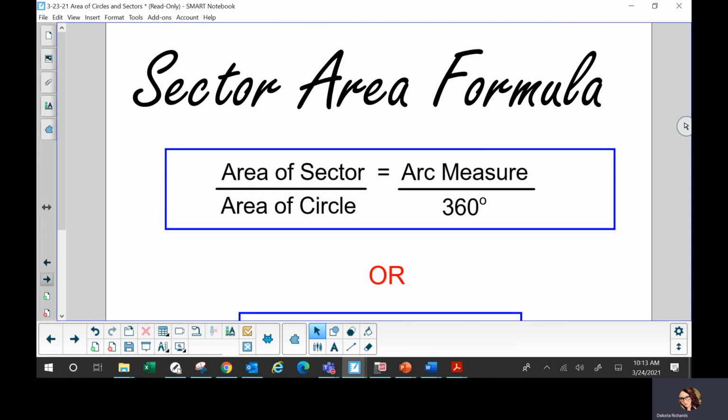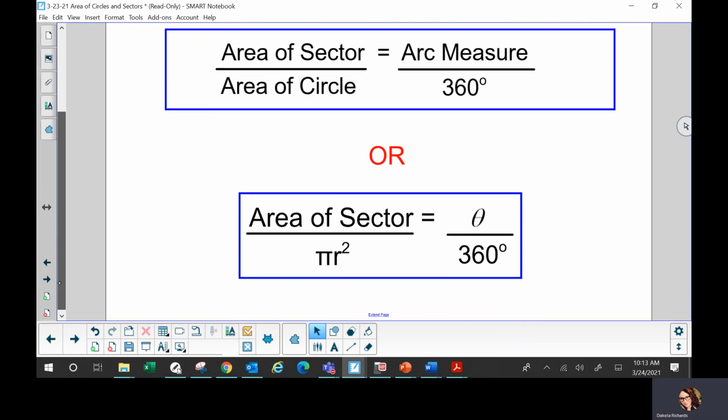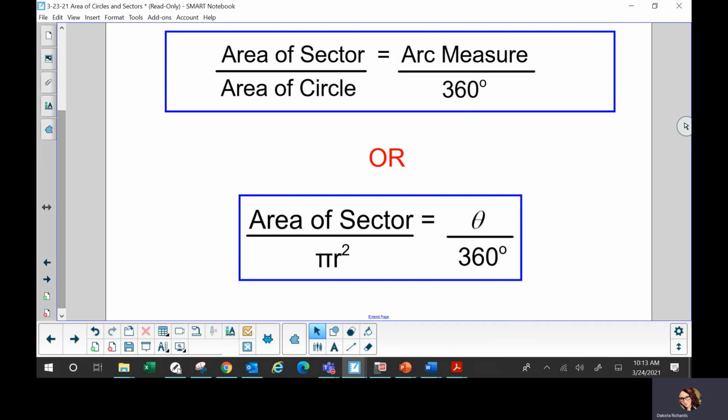So the formula is as follows. It's the area of the sector over area of the circle equals arc measure over 360. Very similar to arc length, but this is area of the sector.